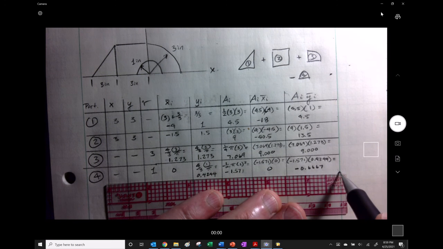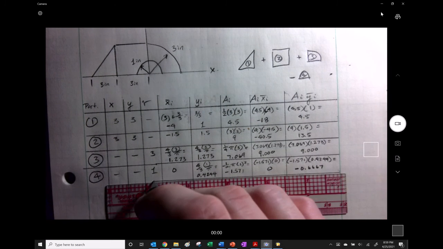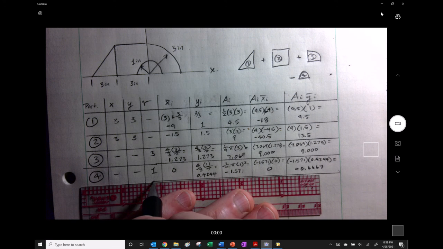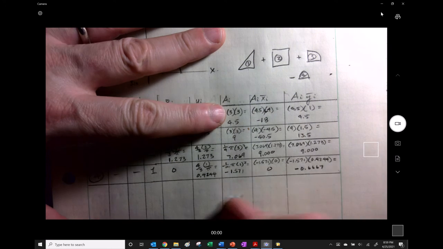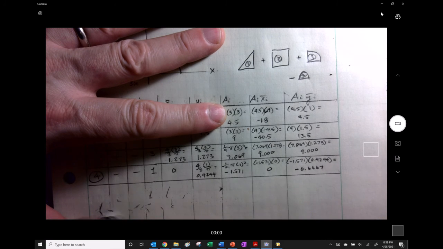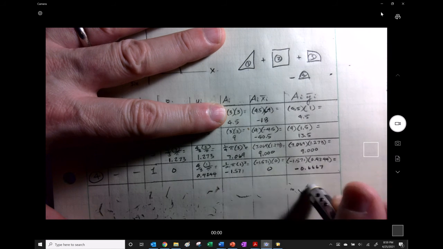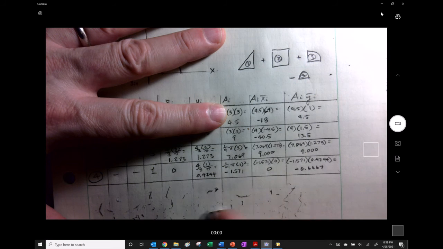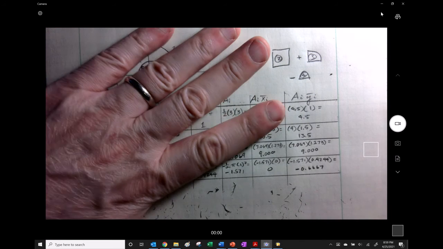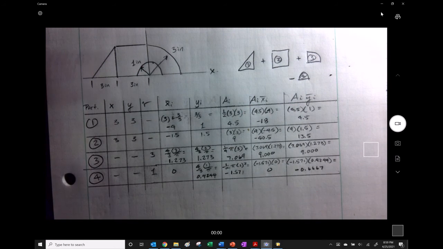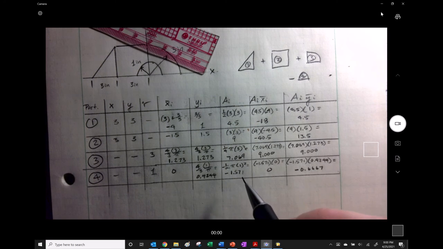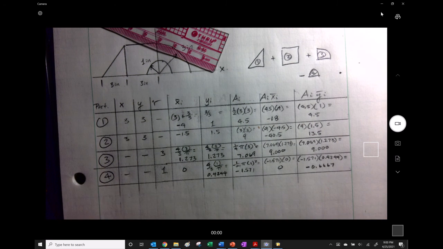And now we just have to add them all up. Let's do some erasing here. And so the area is 4.5 and 9 and 7.069 minus 1.571.